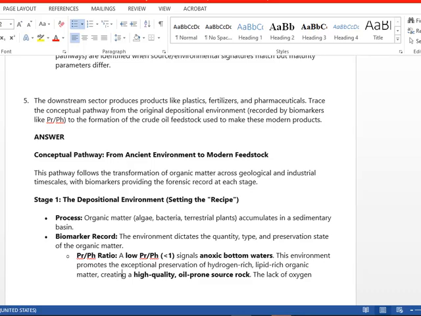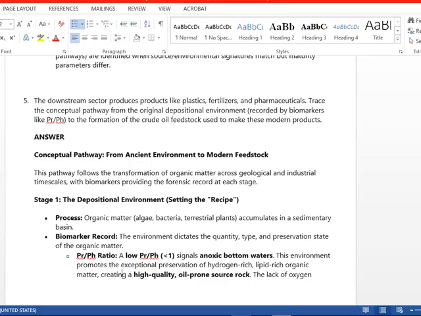Remember, I told you that crude oil comes from organic matter, whether plants or some small organisms like algae, bacteria, and the likes. When they die, they undergo a long process that gives rise to what we now get as crude oil.